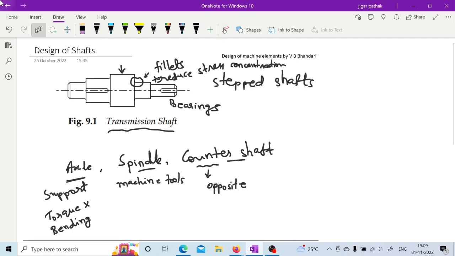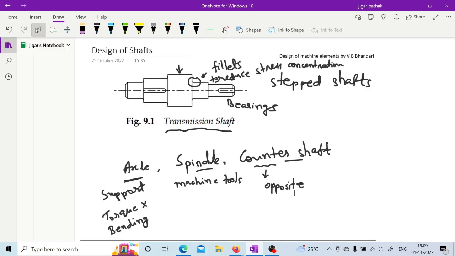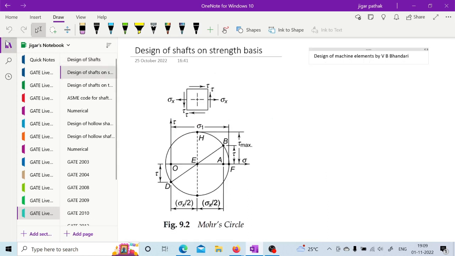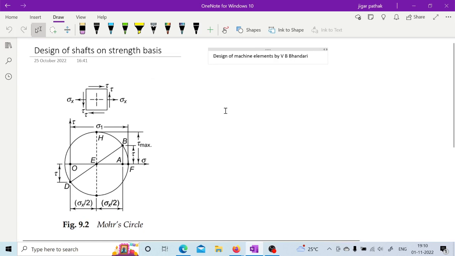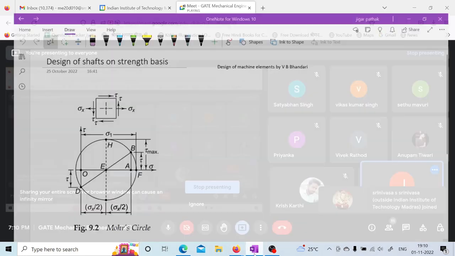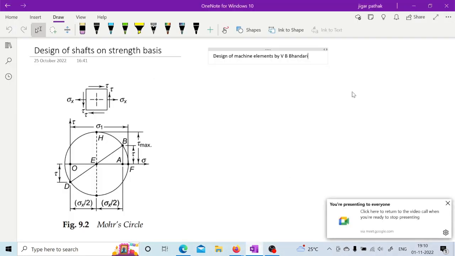When you are designing these shafts, you use certain criteria. Most of the time you may use the strength-based approach only. Sometimes you need to go for design based on rigidity. So we will see both: design of shafts based on strength and design of shafts based on rigidity.